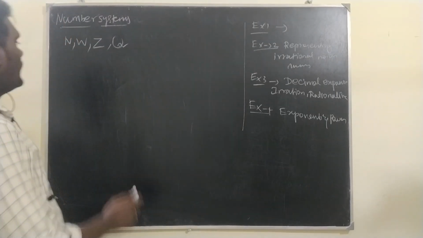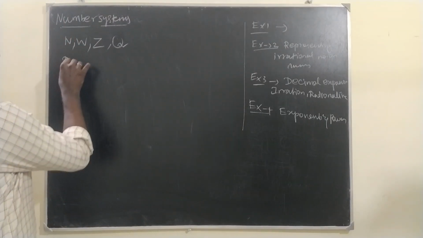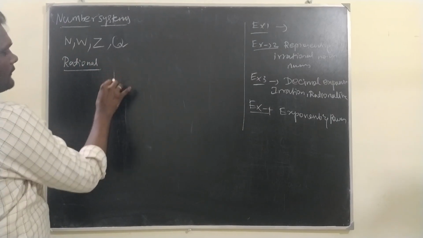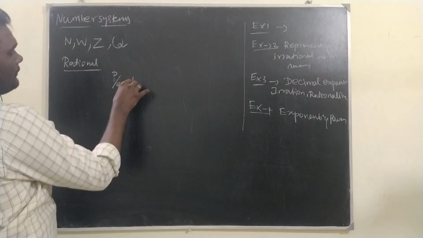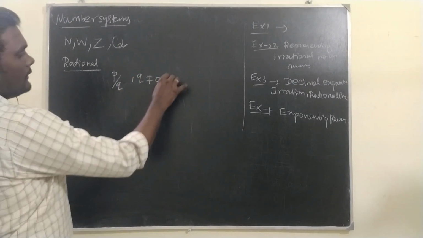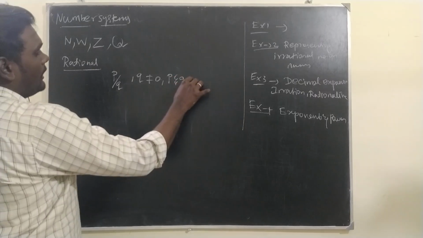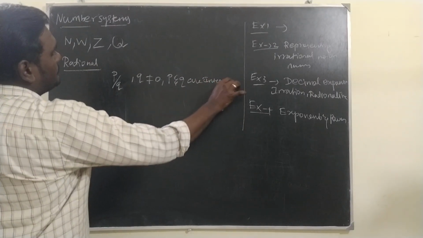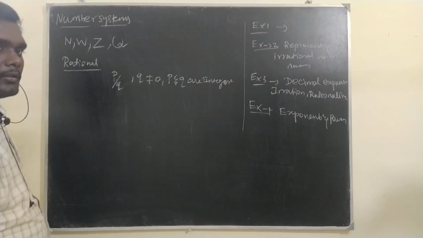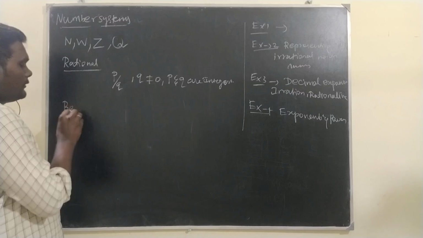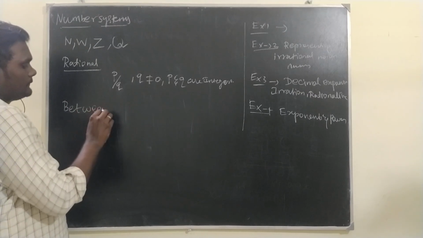In this, as we speak of rational numbers, what is the general form of a rational number? It is of the form p by q, where q should not be equal to 0, and p and q are integers.